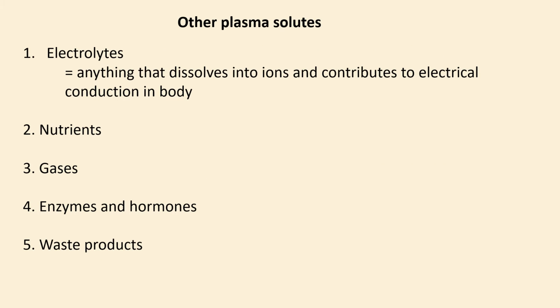And then the other solutes that we find in plasma are electrolytes, nutrients, gases, enzymes and hormones, and waste products. So what are examples of each of these substances? Electrolytes we've actually talked about quite a bit. An electrolyte is something that contributes to the generation of electrical signals in the body.